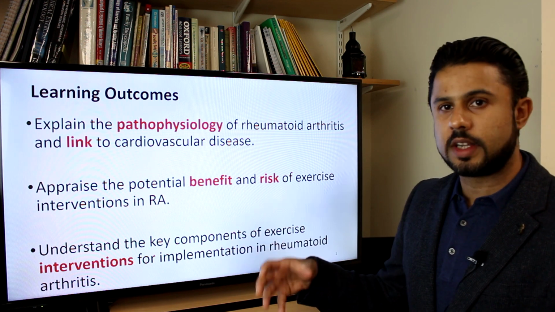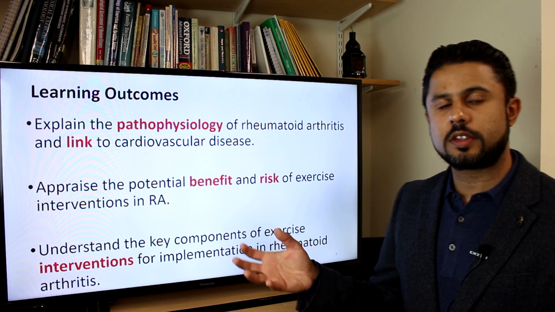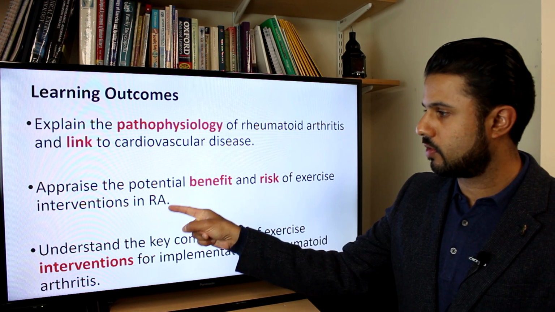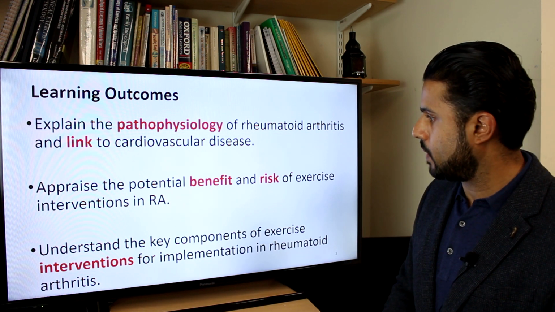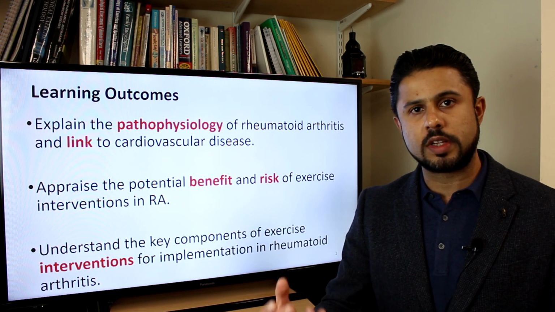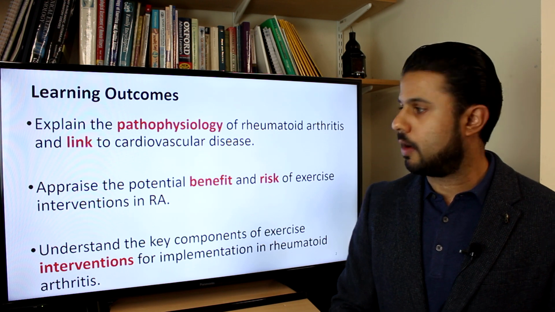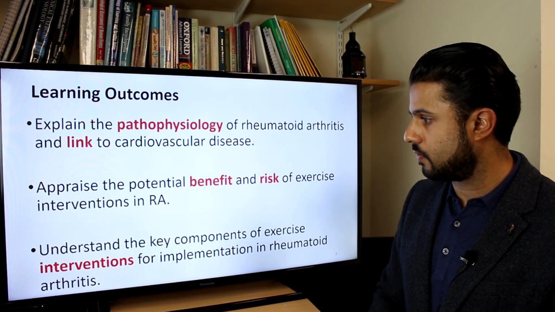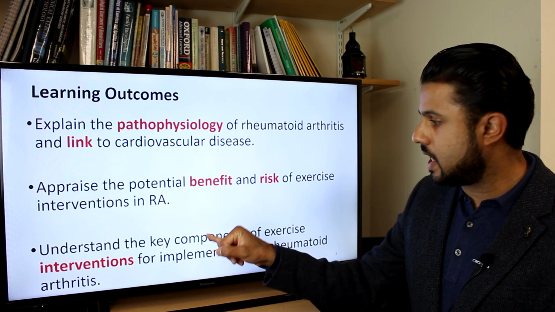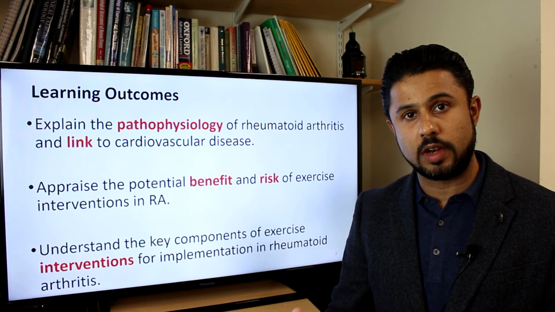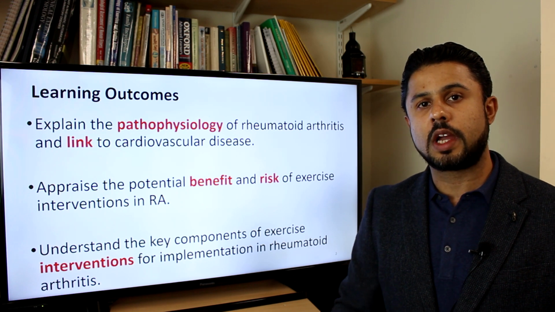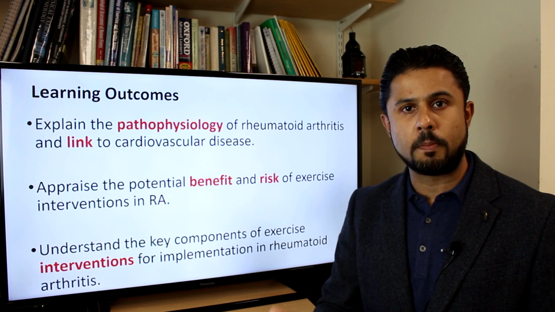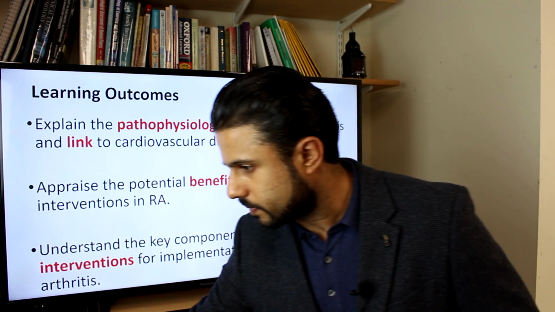We'll look at some of the scientific benefits of exercise interventions in rheumatoid arthritis patients, so I've abbreviated rheumatoid arthritis as RA, and also we'll look at some of the risks and how they can be mitigated when you come to program an exercise plan or prescription for these patients. We'll also look at the key components that you would put together in an exercise intervention. So we'll look at aerobic, resistance, flexibility, and some ways that you can address some barriers to exercise.